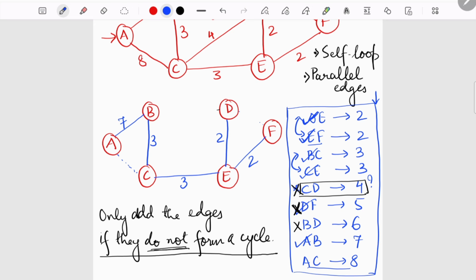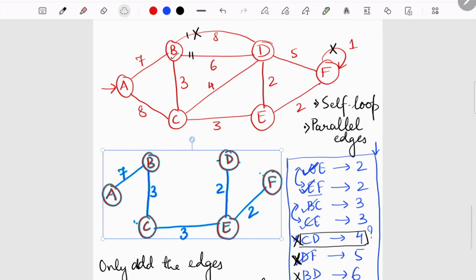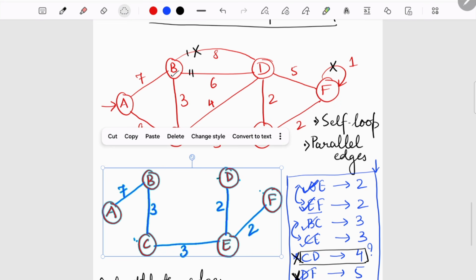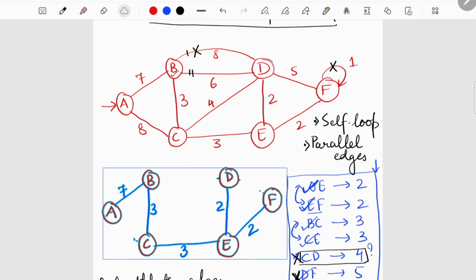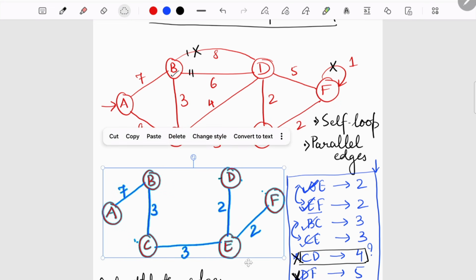If we put AC here, then this forms a cycle between A, B and C. So we cannot select AC into the minimum spanning tree. Now since we have connected all the vertices, this is our minimum spanning tree formed from the given graph using Kruskal's algorithm.